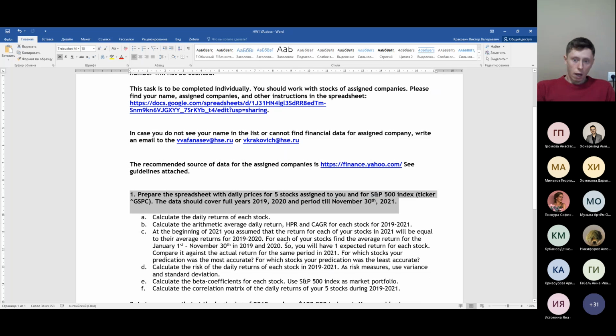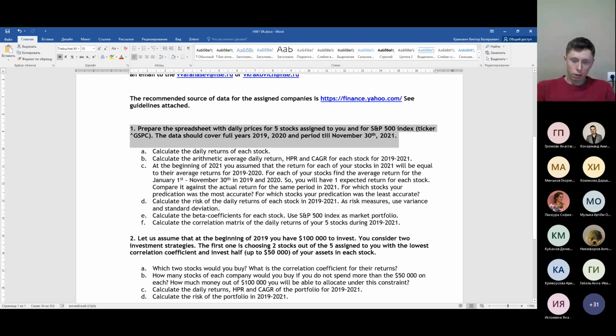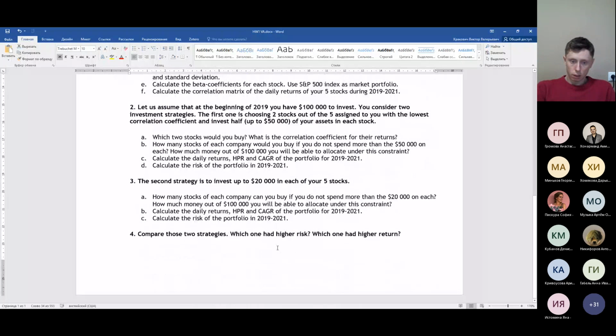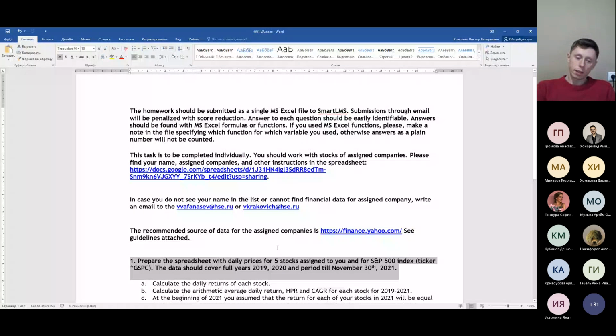So you would download the data from Yahoo Finance, conduct some calculations with this data, and upload the materials to the platform. If you have a question, you might ask me or Vladislav on that.